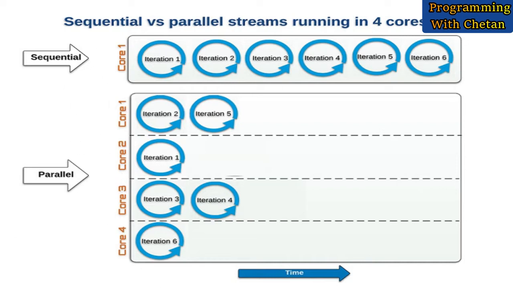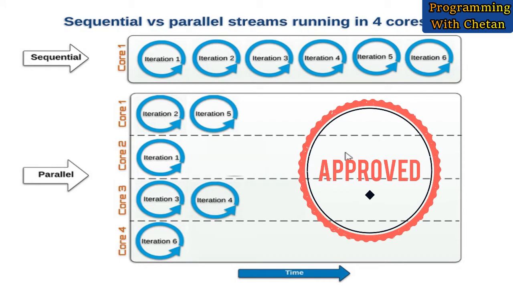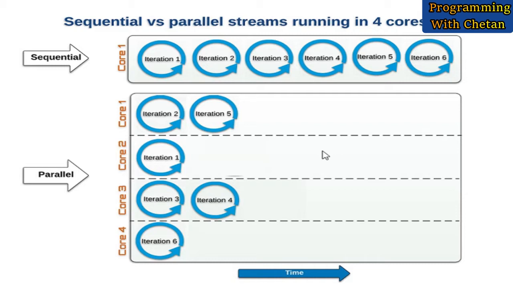When it comes to performance, a parallel stream has much better performance in comparison to a sequential stream. So friends, you must be thinking: when can we use a sequential stream and when can we use a parallel stream? If there is a requirement to maintain the order of execution, then we can use a sequential stream. Whereas if execution order is not important, then we can use a parallel stream. Let us discuss one use case. Suppose we have to send an email to around 10,000 users.